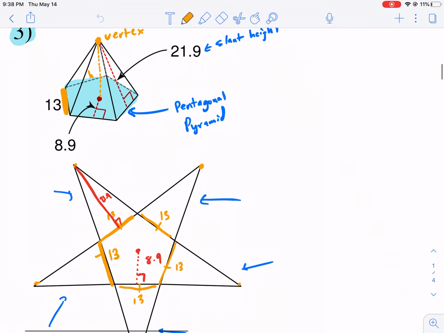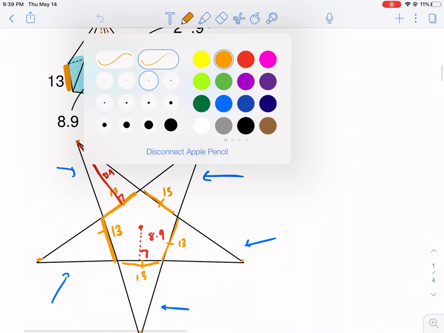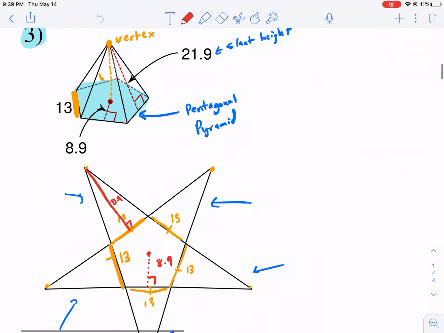Now, we need to find, well, actually, we don't really need to find. I was going to say we need to find these right here. That's called the slant edge, or the lateral edge, I mean. Oops, sorry, messed up my marker. Let's go here. This is called my lateral edge.